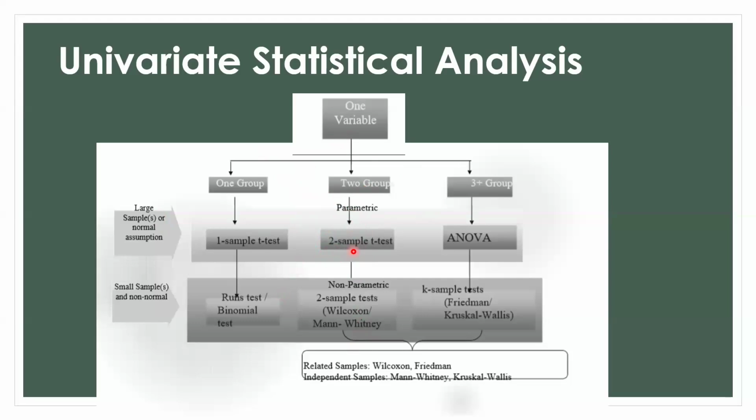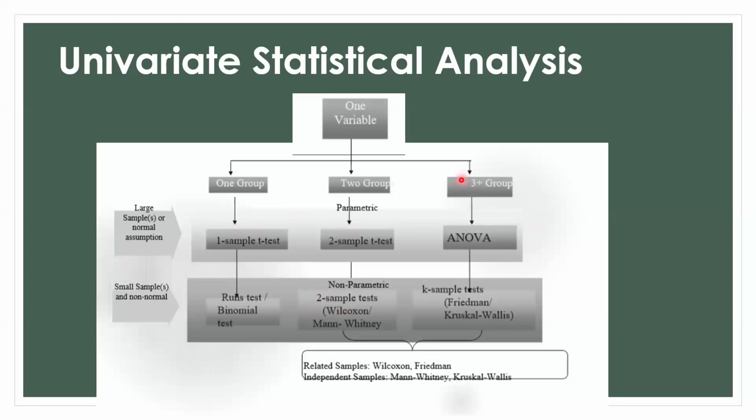Next is the situation where we have one variable but two groups. Then you will be going for a two sample t-test when the sample size is large and the data set is normally distributed. Then what if it is the other way around? Data is not normally distributed. So we'll be looking into non-parametric tests such as Wilcoxon and Mann-Whitney.